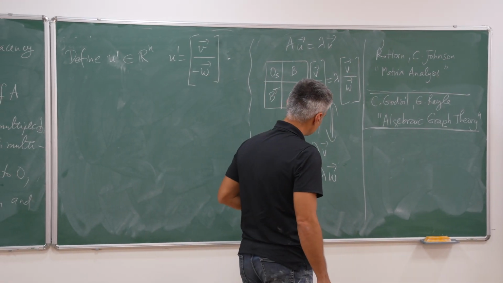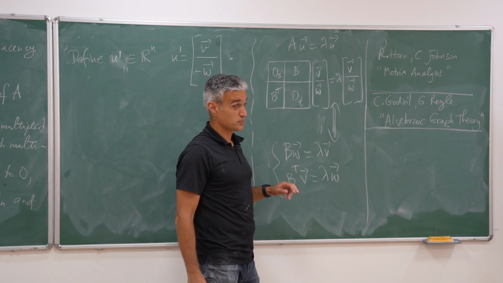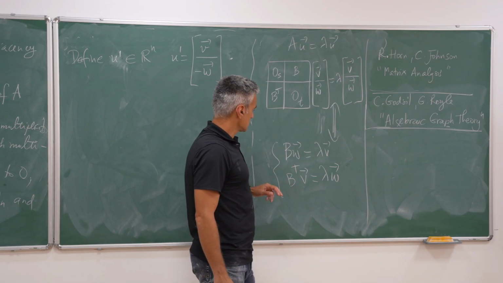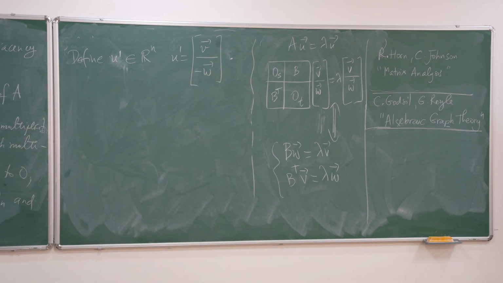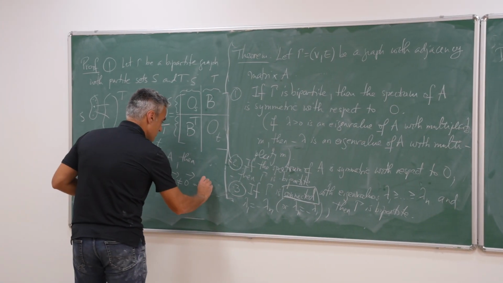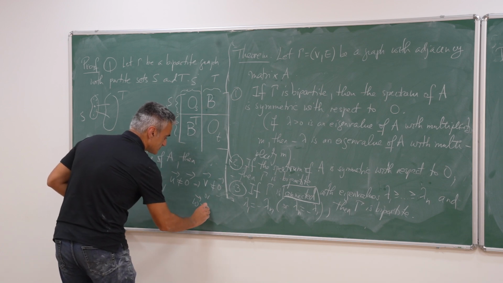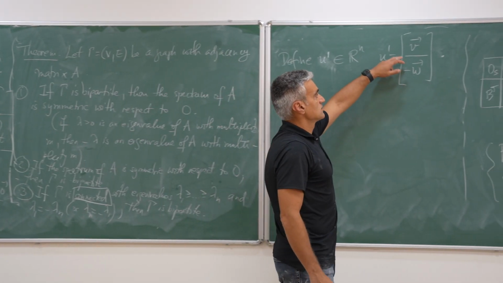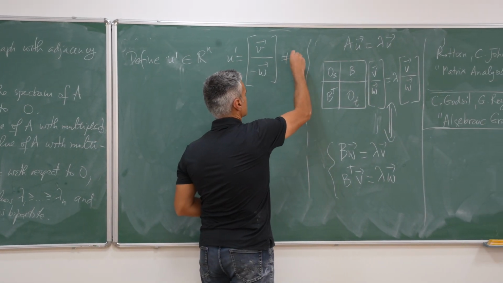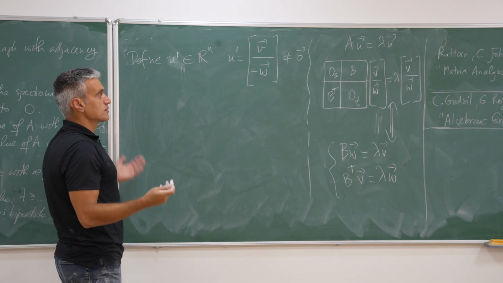So it implies v not zero or w not zero. So because of that, this vector is guaranteed to be non-zero. And then you hope something works.